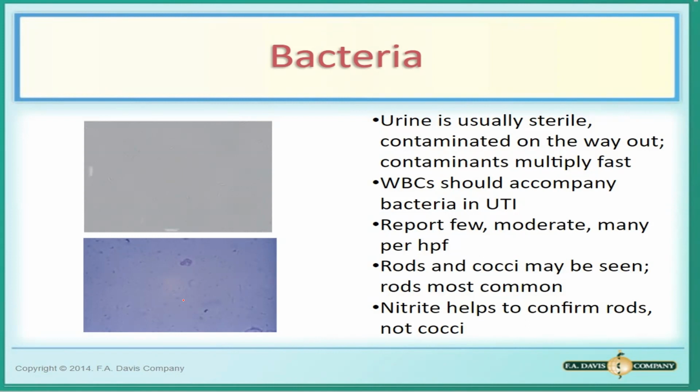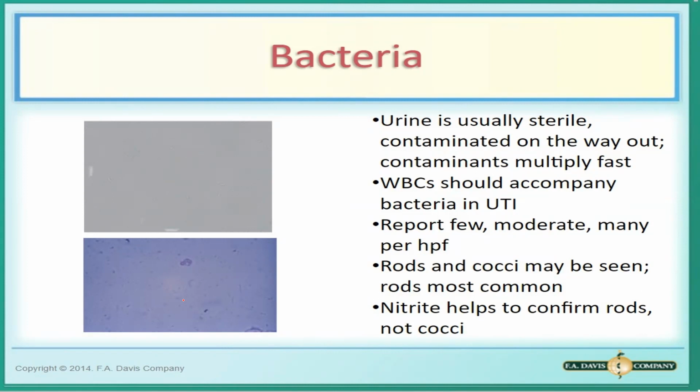If bacteria alone, walang WBC, walang any sign of infection, pero meron kang bacteria, baka contamination lang siya. Okay? It may be due to contamination lang. It is reported semi-quantitatively din.